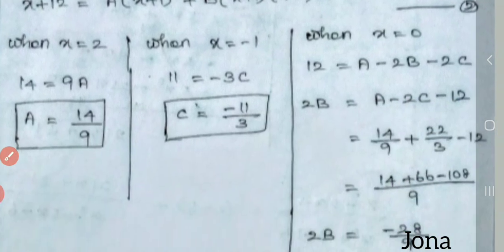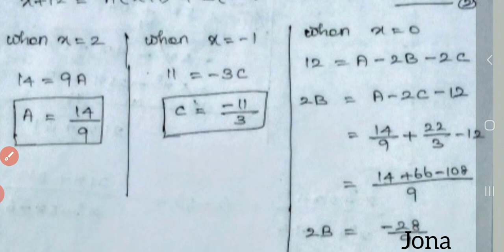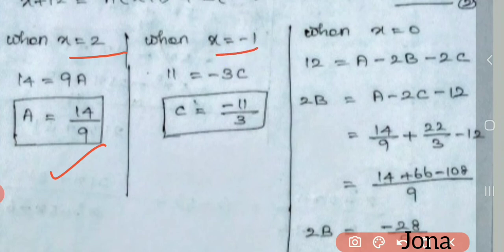So if you put x equal to 2 in that equation, you will get the value of A. If you put x equal to minus 1, you will get the value of C. And then if you put 0 here, you will get some equations like this.